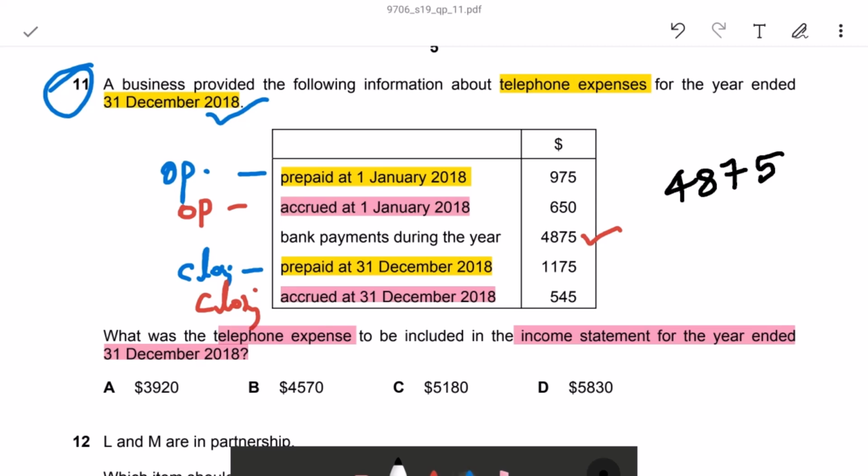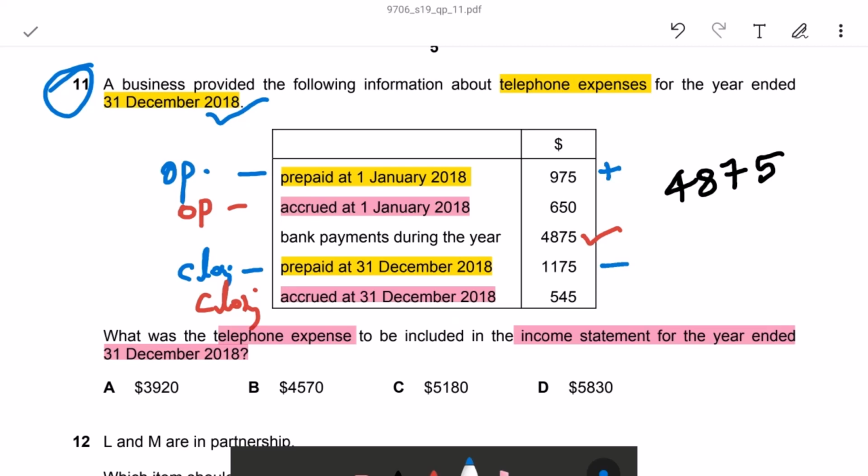Last year paid in advance means that is for this year. So opening we should add, while closing prepaid: this year the business paid some amount in advance for next year. It means that is not for this year, that should be included in the next year's income statement. So this will be removed. Opening prepaid add and closing prepaid deduct.